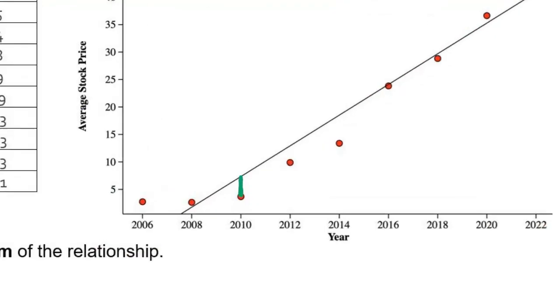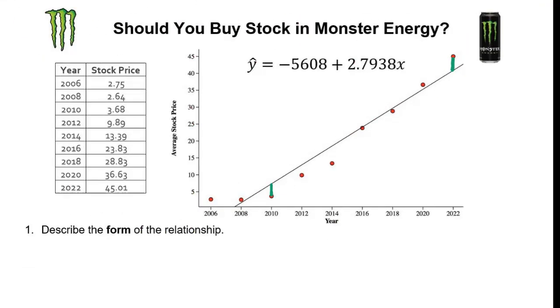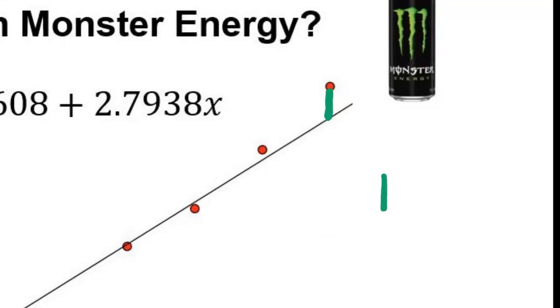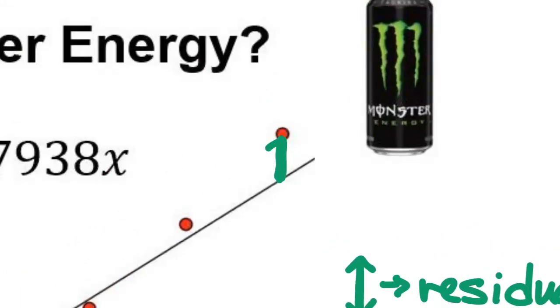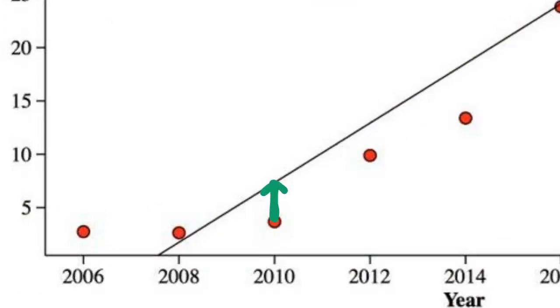When we take those residuals and we square them, so this right here, these are my residuals. This distance here is my residual. What happens when you take a number and you square it?